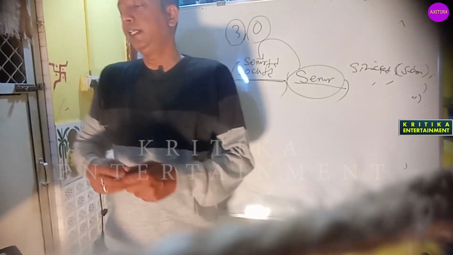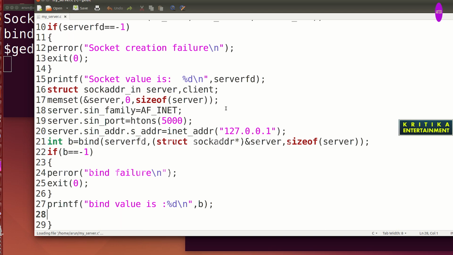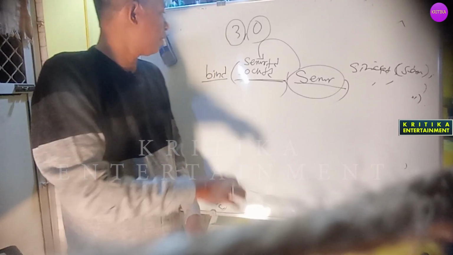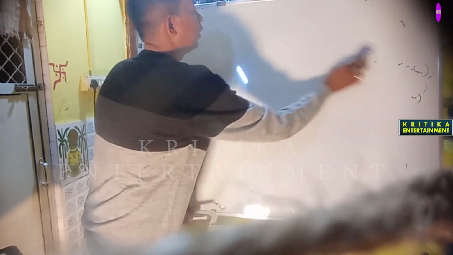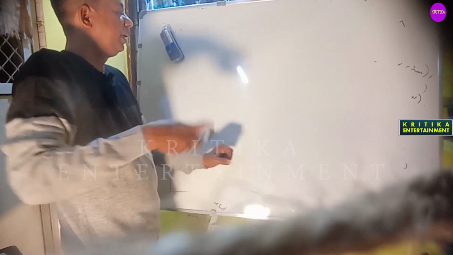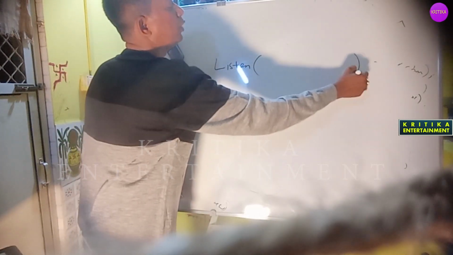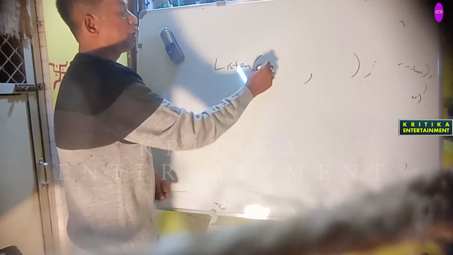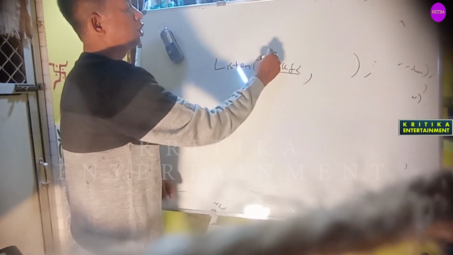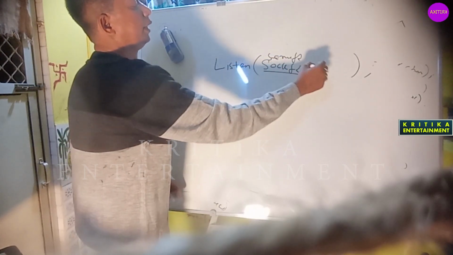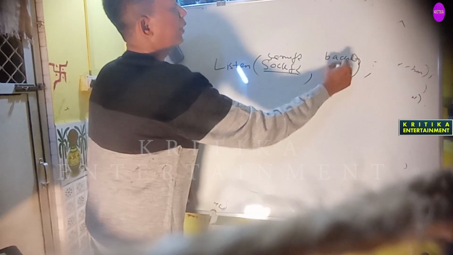Okay, this is done. Next, in the connection diagram I have shown you that after the bind function you call the listen function. I have told you listen means how many clients you want to connect. It takes two arguments. First is sock fd, or socket or server fd. Second is the backlog, meaning how many clients want to connect.